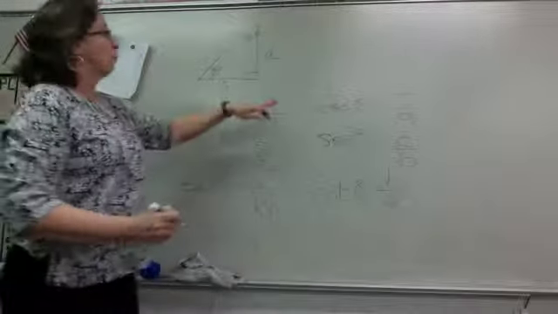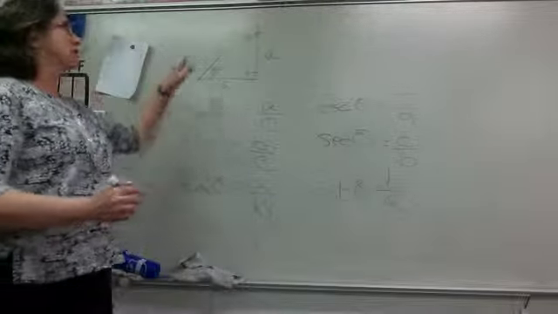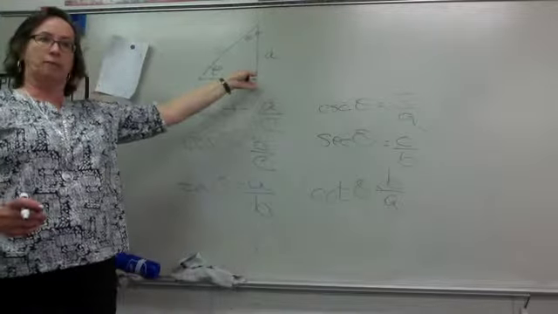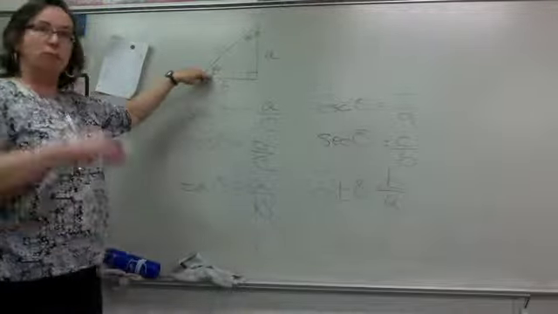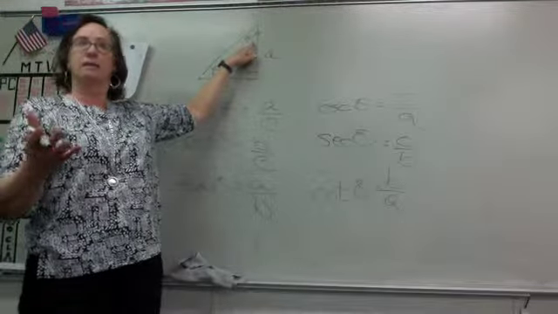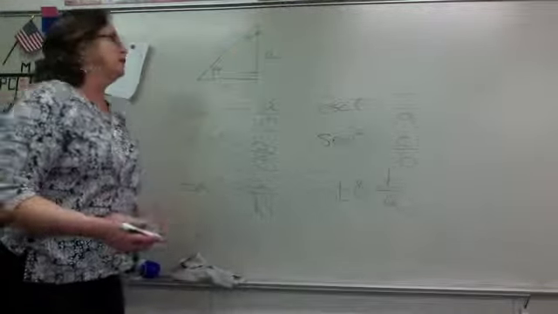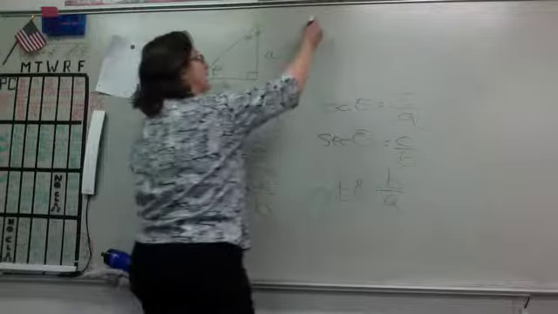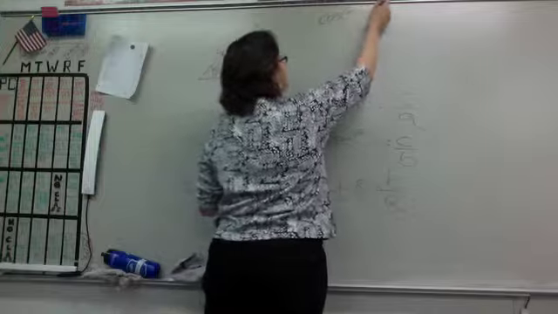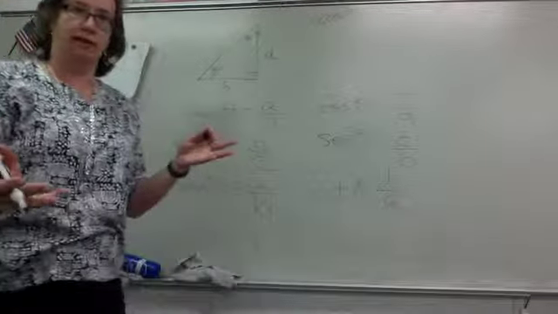Okay? Now, once we see that, let's look at the other angle. Now, what they're talking about is we know that this one's always 90. This one's whatever theta we have, and this one's got to be the other angle, 90 minus theta, right? So let's look and say, okay, what is the cosine of 90 minus theta, that other angle in the triangle?